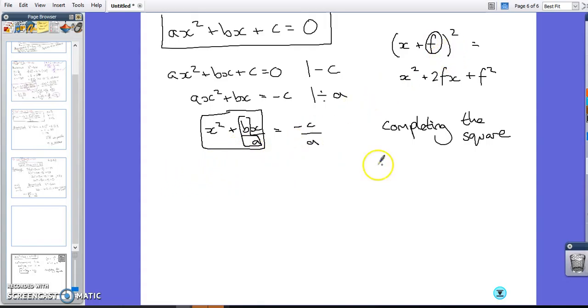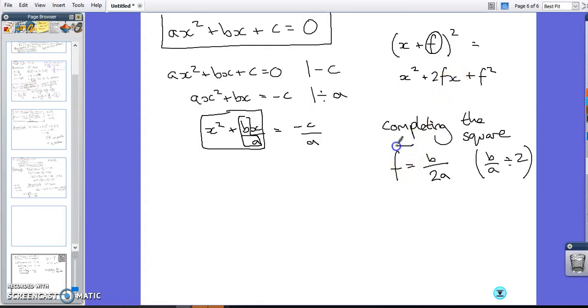So, in this case here, f is going to be b over 2a, because it's going to be half of b over a. So b over a divided by 2, because in multiplying this out again, I will get back to this.